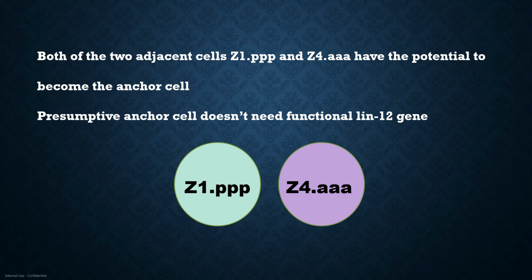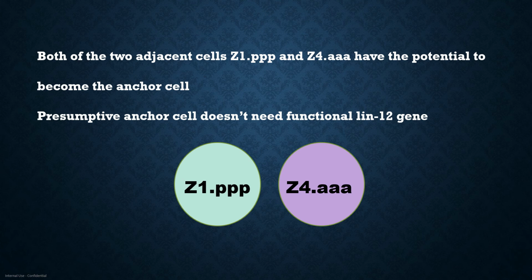Originally, these two cells synthesize both the signal for uterine differentiation, that is LAG2 protein, which is homologous to Delta in Drosophila, and the receptor for this molecule, that is Lin12 protein.